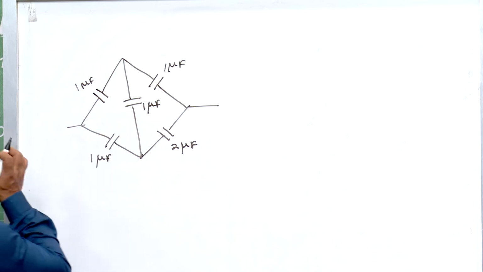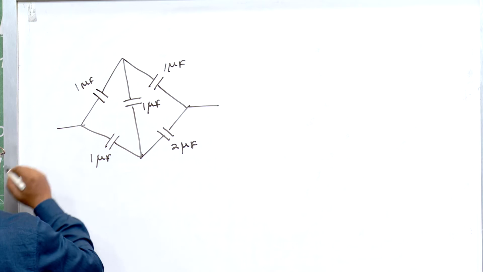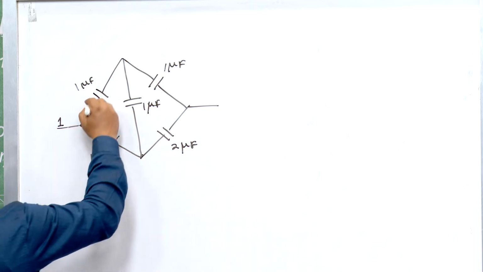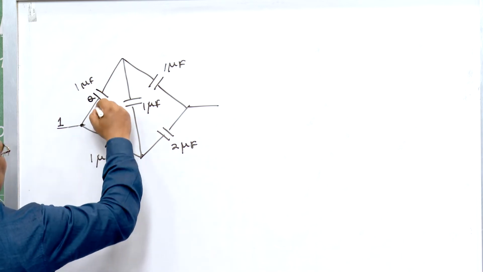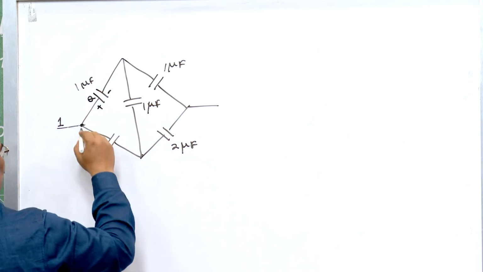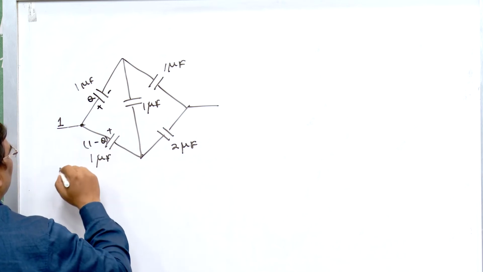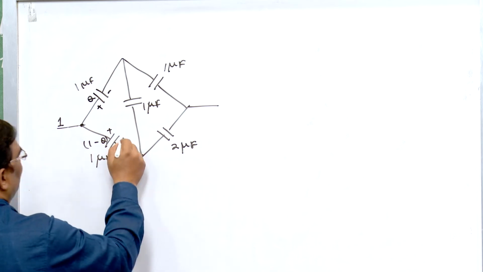Now, if I consider that unit charge is entering the network, and if Q is the amount of charge developed here, then this is 1 minus Q on this plate. So, this is plus, this is minus.